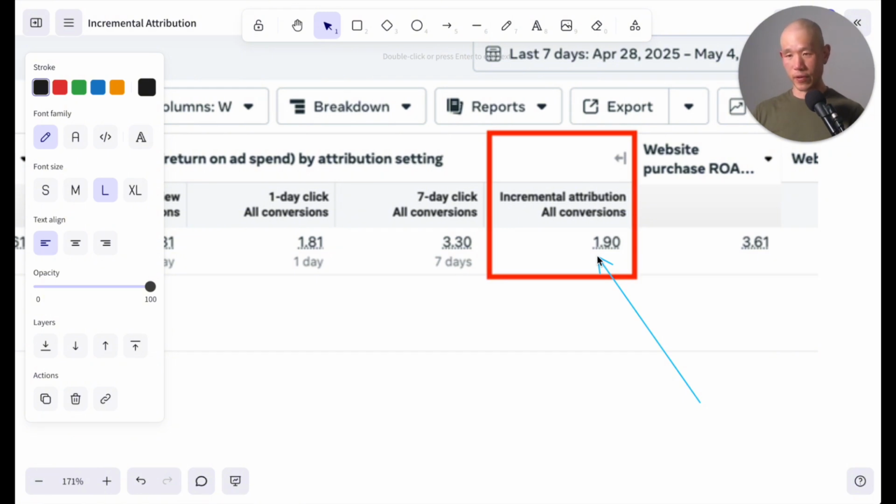The decision to continue running this may not be made just on this ad in isolation, because the 1.9 on this particular ad could be driving the top of funnel when it comes to building awareness and custom audiences that other ads in the ad account then leverage to convert.